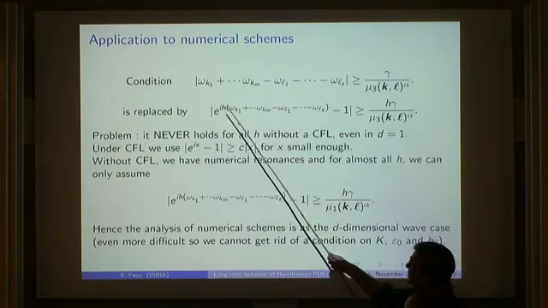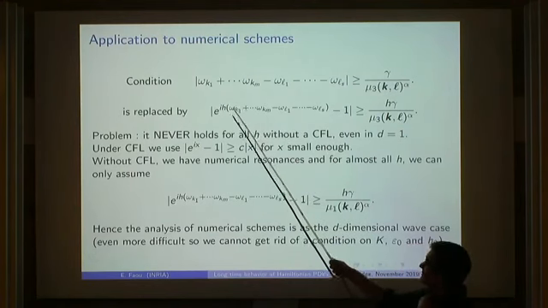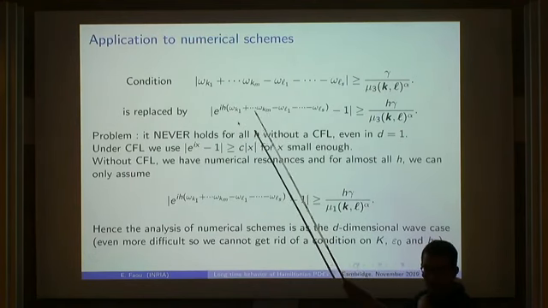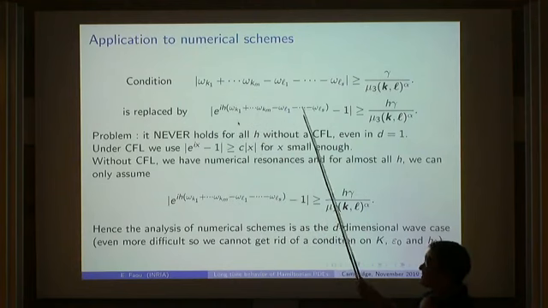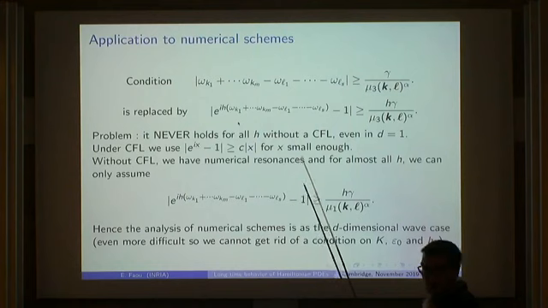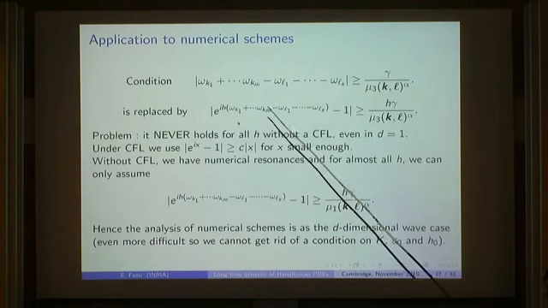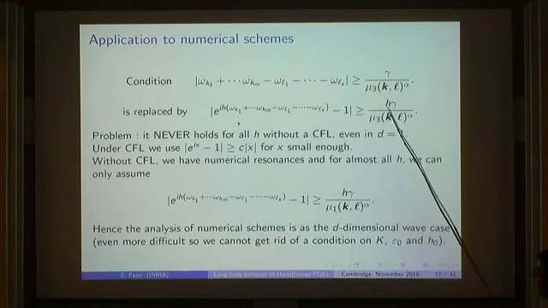So you can find h such that you will have a cancellation, not because this term vanishes, but because this term is equal to 2 pi over h. So without a CFL, you will never obtain something like that.